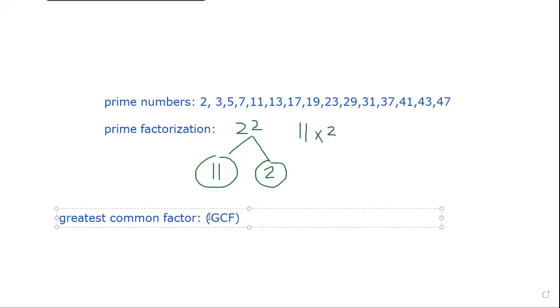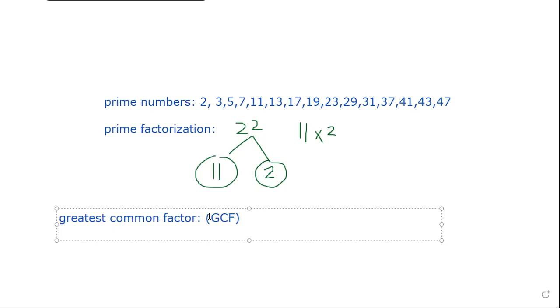How do we find it? First, I give you advice: try to find it mentally. You have to imagine what the factors of the two numbers given are, and they want the greatest common one, as its name implies.